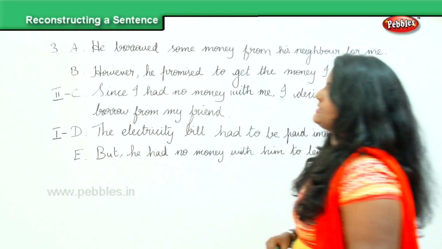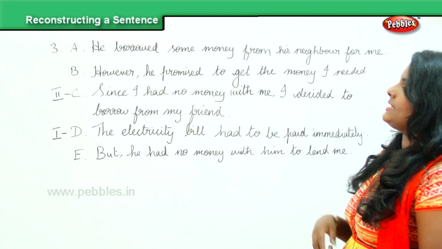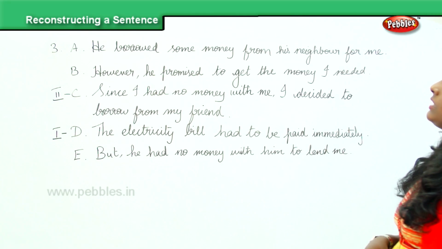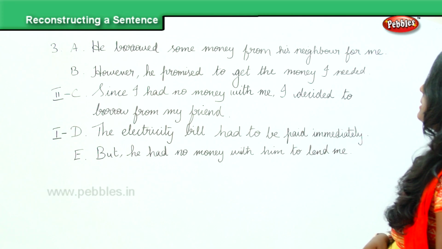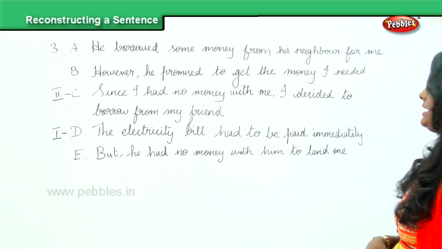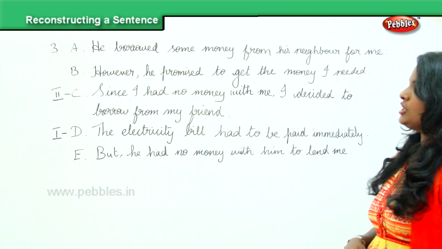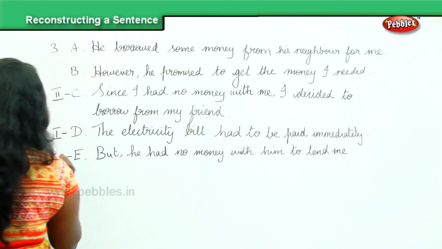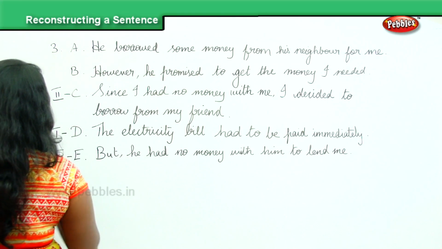What's going to be a third sentence? Read the remaining 3 sentences. He borrowed some money from his neighbor for me. However, he promised to get the money I needed, but he had no money with him to lend me. Chronologically, sentence E has to follow sentence C. So this is your third sentence.